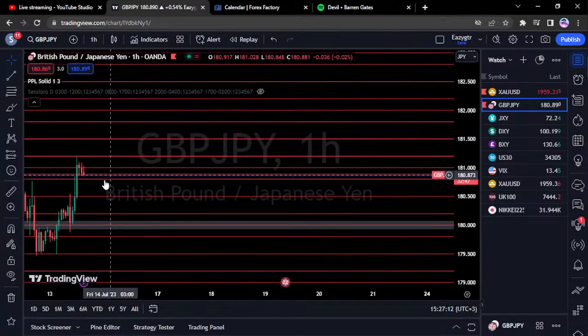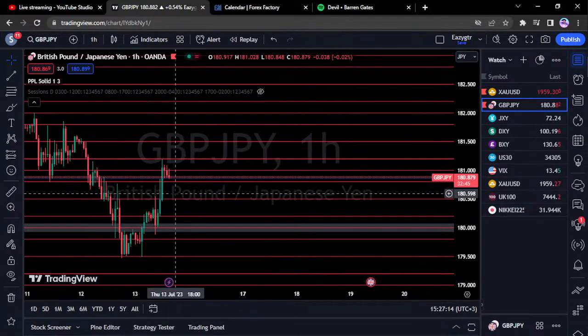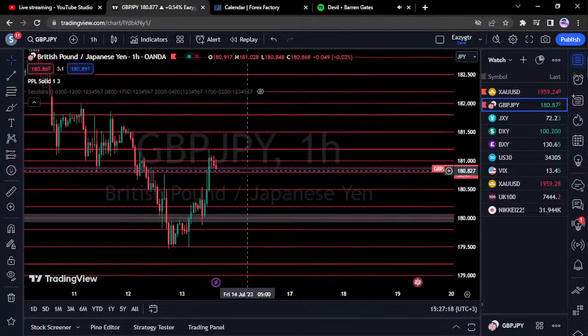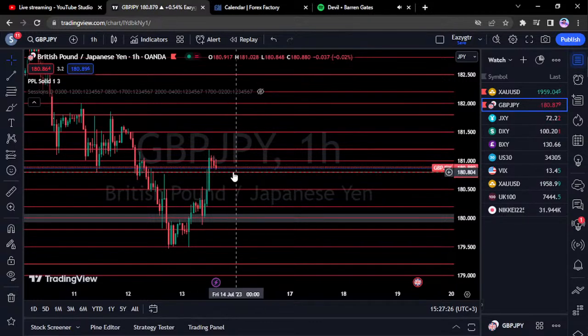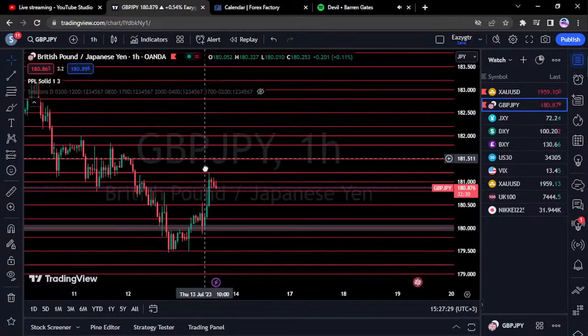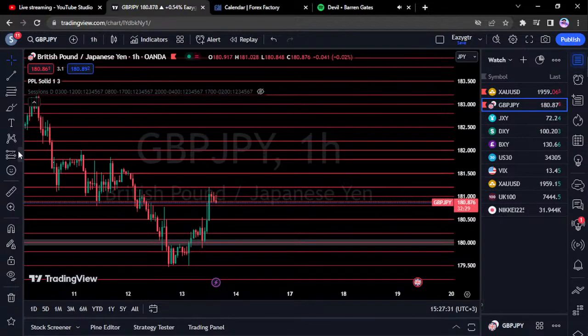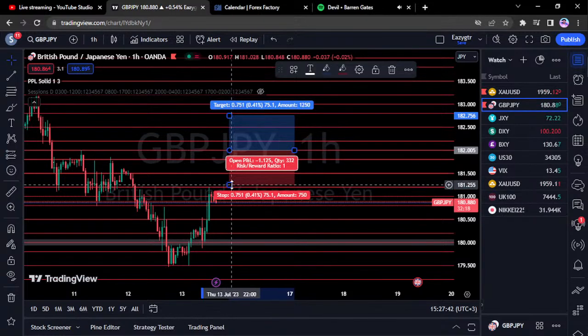For this session, we want to see GJ holding above 180,800 for us to validate more buys. For safer buys, we're going to have to wait for price to come above 182 flat. If price breaks above, then retests 182, then you can validate safer buys.